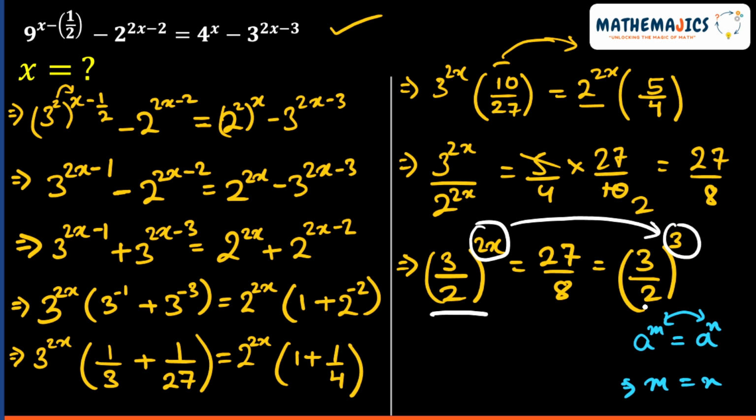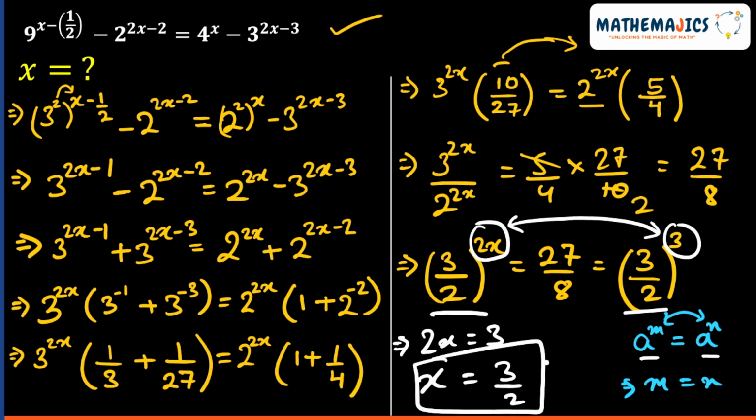Yes, because here the base is same, 3 by 2, 3 by 2. Like here we have the base same a, here the base is same 3 by 2 and 3 by 2. So in this case the powers will be equal to each other. Okay, so that means 2x is equals to 3, which gives us the final answer x as 3 by 2. This will be our final answer.